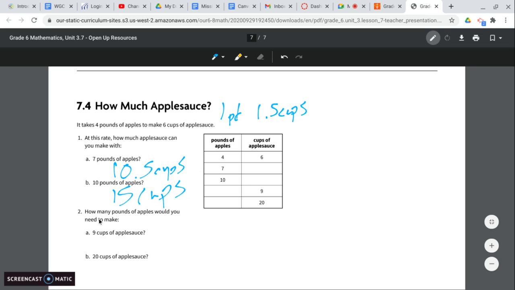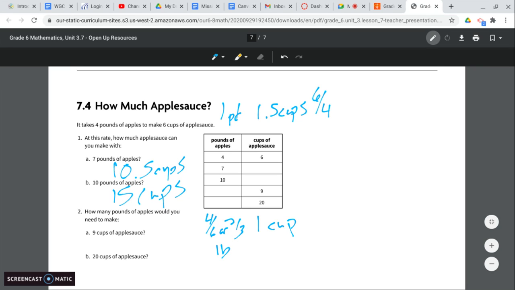Now, for the second question here, how many pounds of apples would you need to make 9 cups of applesauce and 20 cups of applesauce? This is the reverse. So if this is our 6/4, looking at it the other way around, 1 cup is 4/6 or 2/3 of a pound of apples.